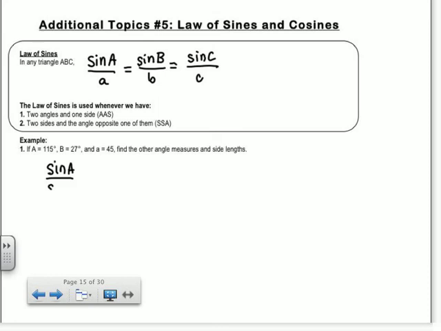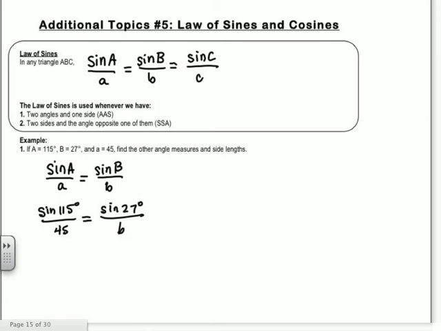So I'm going to set it up. I'm going to do sine of capital A all over little a equals sine of capital B all over little b. So sine of capital A is sine of 115 degrees. Little a is 45. Sine of capital B is sine of 27 degrees all over little b.